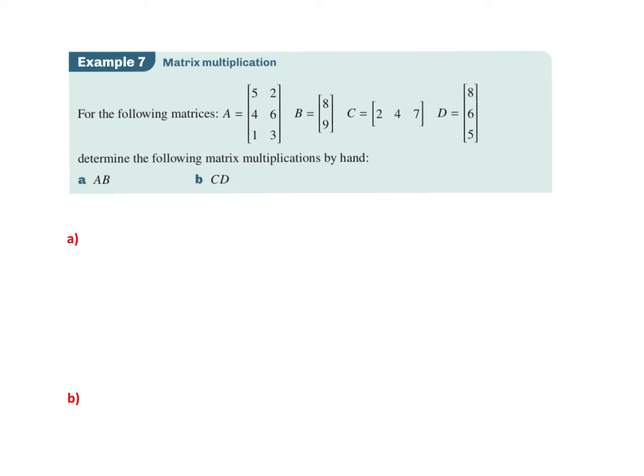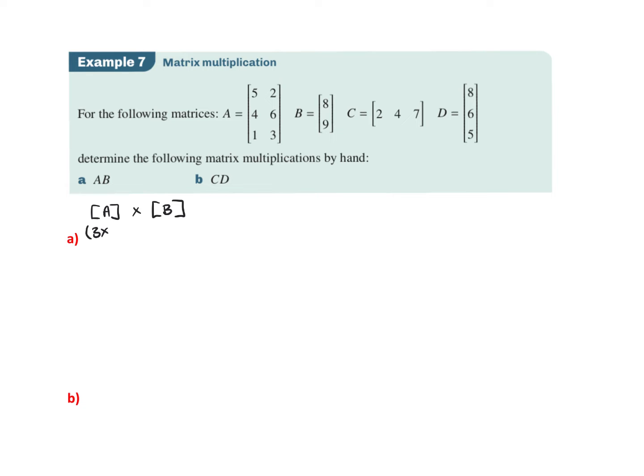All right, so we've got the following matrices here, and they want us to multiply certain ones together. So first of all, they want me to multiply A with B. Okay, so if you have a look, let's check that we can do it.